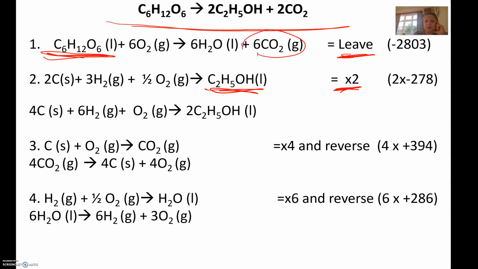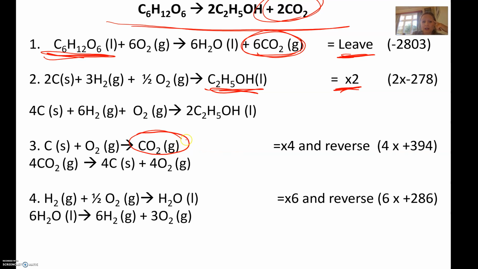It comes up in equation 1 and it comes up in equation 3, which means we're actually using equation 3 to get rid of 4 of the carbon dioxides in equation 1, which we don't need because we want 2 in our final equation, but equation 1 we have to leave. So we can't do anything to equation 1, and we're now stuck with 6 CO2s, but we only want 2 of them. So we need to use this equation 3 to cancel out 4 of them.